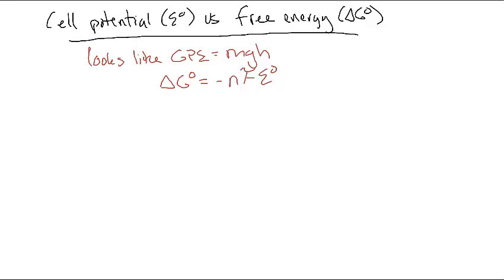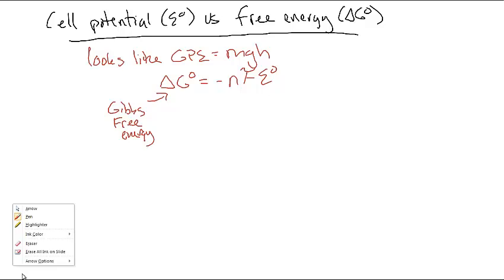Now, what do these things mean? Well, we know delta G is our Gibbs free energy. This is an F, a fancy F. I don't know why it's a fancy F. It's just a fancy F. Negative n. And what is n? Number of moles.